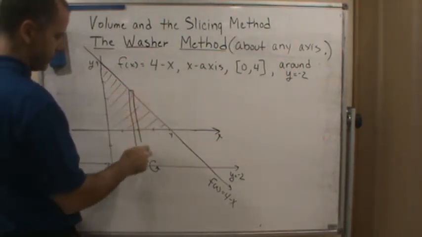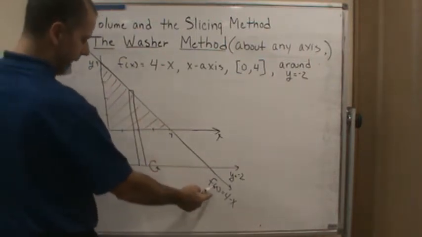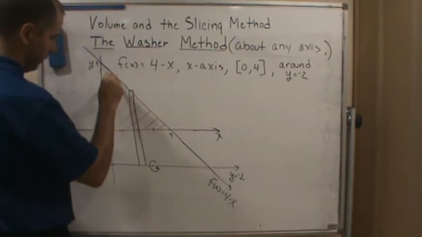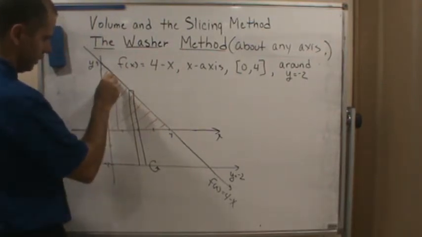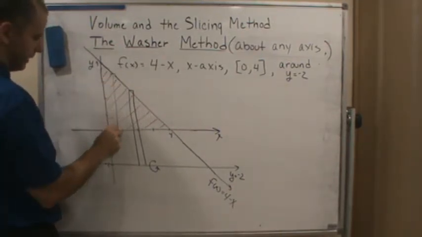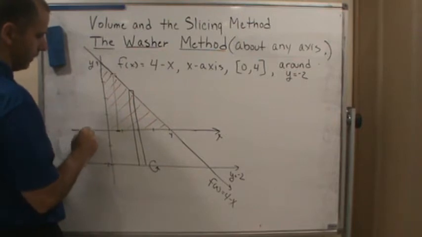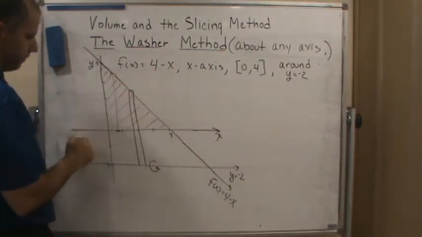The radius is not f of x, because f of x tells you the height from the x-axis, from y equals 0 to y equals 4 minus x.